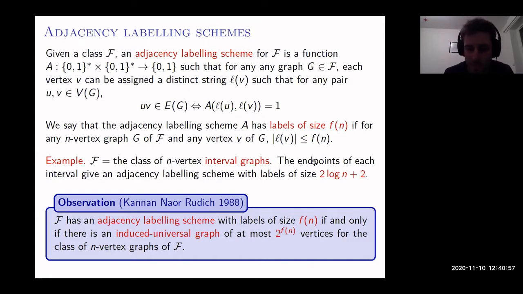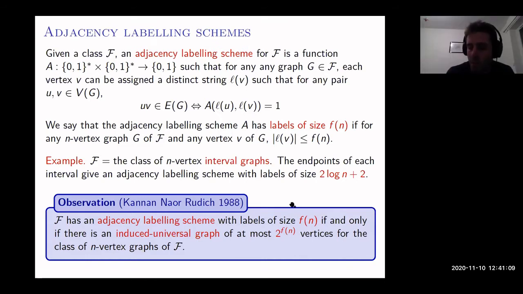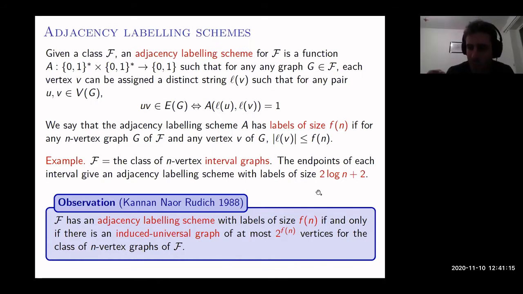So then there wouldn't be exactly 2 to the f of n; there are 2 to the f of n things of length exactly f of n. Right, so it would be like 2 to the f of n plus 1, roughly. Exactly. So there will probably be some lower order term in the translation if this is not precise. Yeah, exactly. Thanks.